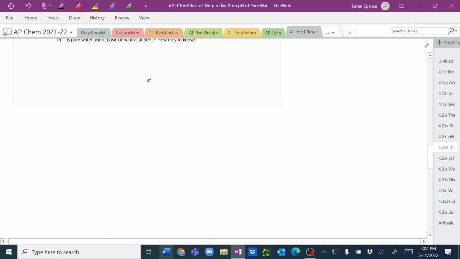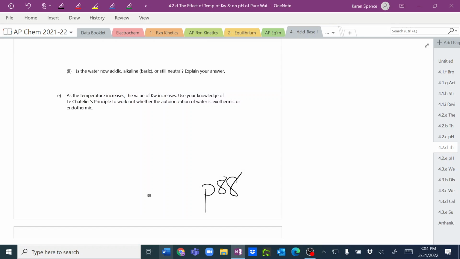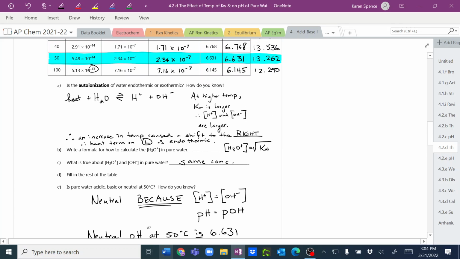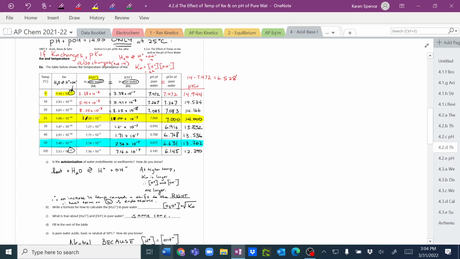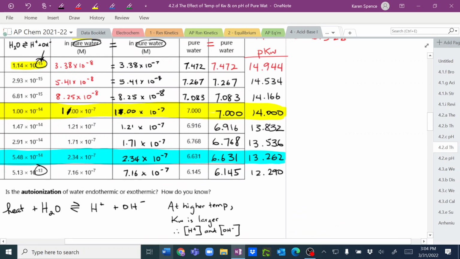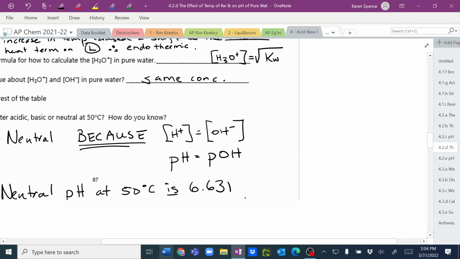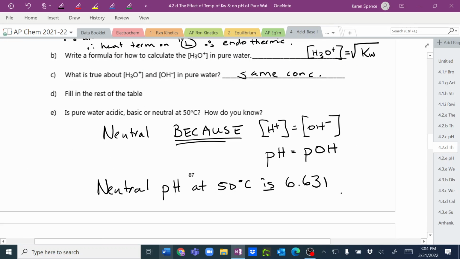Yeah. Which part? This part? Oh, the last part. The last part? There? Yeah. What? Neutral. Oh, neutral pH. It says up there, if you don't want to read upside down.